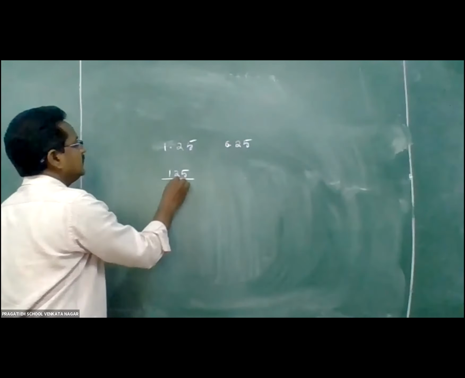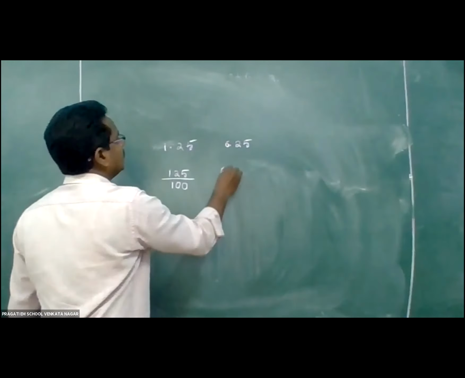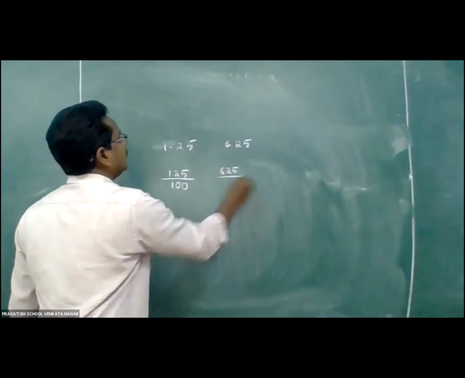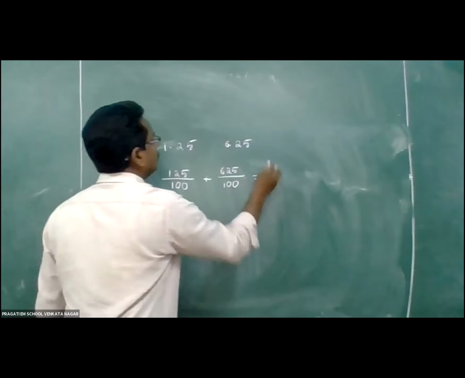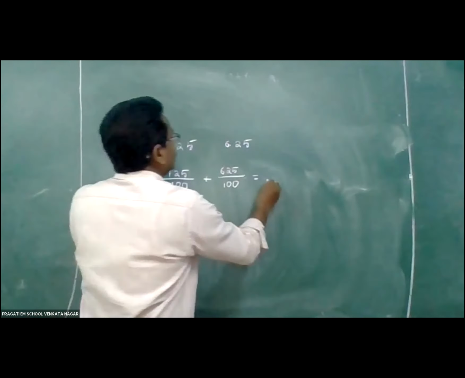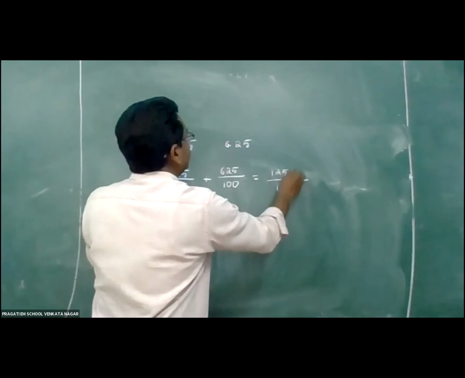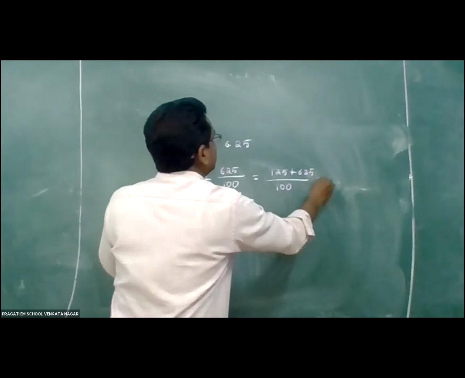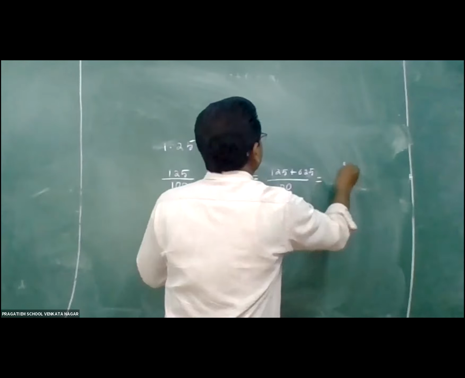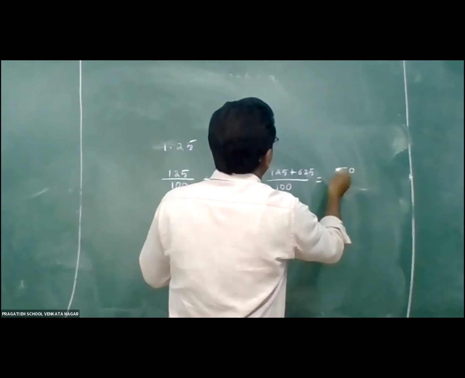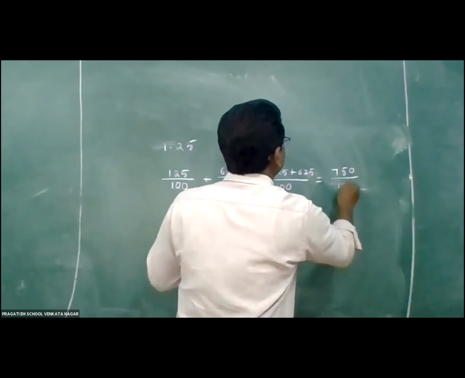Already in lower classes we learned how to change decimals into p by q form. Remove the decimal point and write this. See, after adding these two, we get the same denominator, 100, 100. 125 plus 625 can be written as 750 by 100.